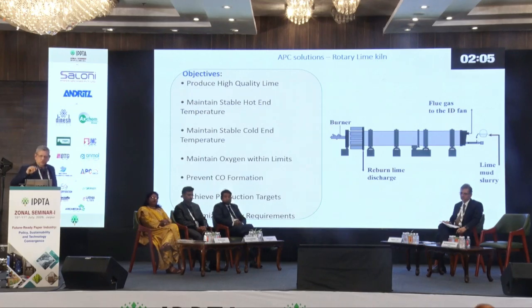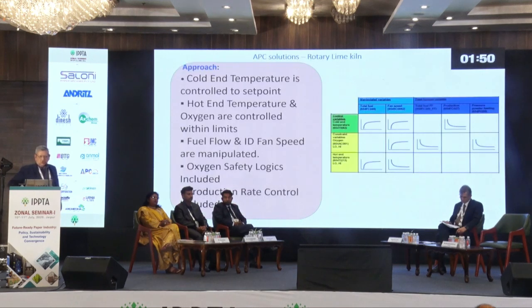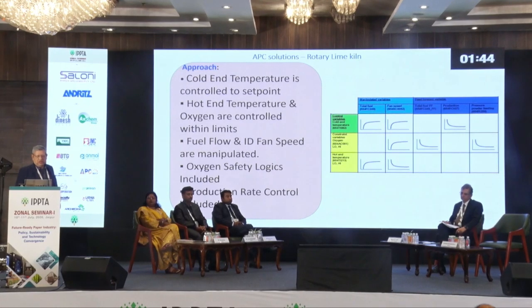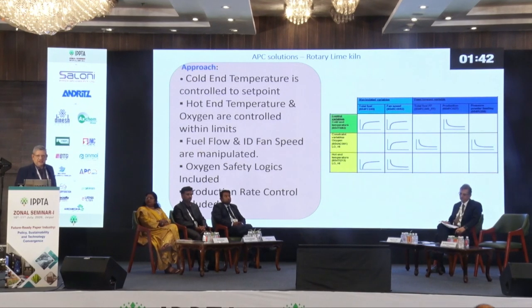The loop within the loop, as they call it. So here you have the cold end temperature control, oxygen control, CO control automatically, then the production target. So this is how the controls are done based on the fuel flow and fan speed.